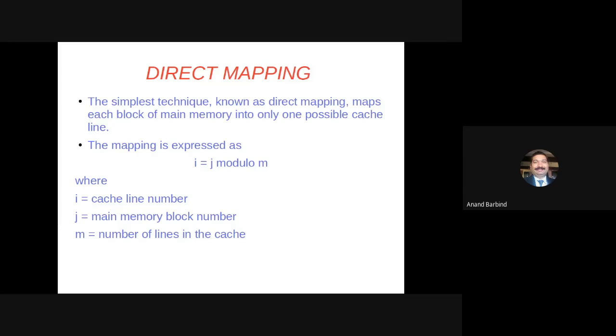Let us say block number 54 from main memory is to be transferred to the cache. Then what is the formula used here? That is j modulo m. So 54 mod 10. What is that? Mod means the remainder operator. So it is 4.